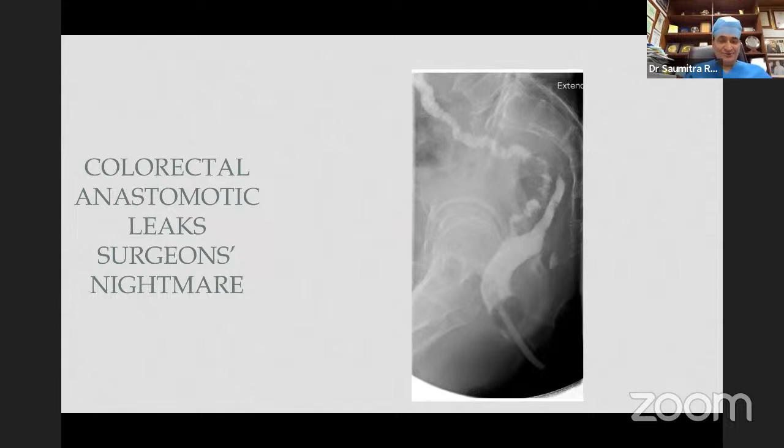So we all know, I think Vaibhav has made my presentation very easy. He has discussed the majority of the points. I'm just going to reiterate, and I will make it faster where Vaibhav has already discussed. Colorectal anastomotic leak is a surgeon's nightmare.